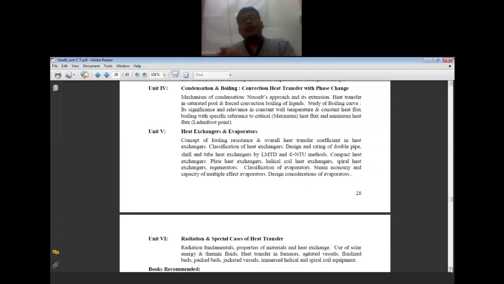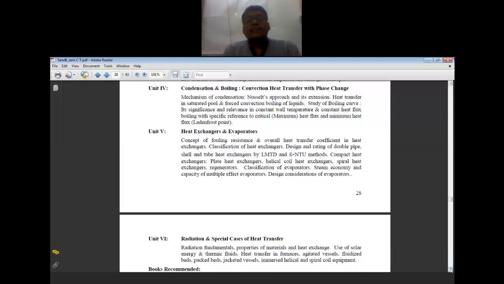So that is all converted into the boiling curve. The same phenomena which you observe with your naked eyes is plotted and shown in a graphical manner. So this is your day-to-day life application understanding.